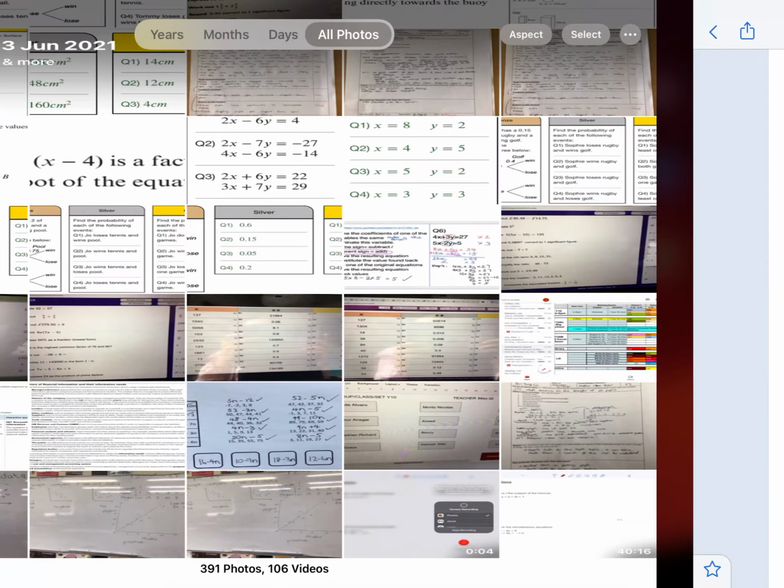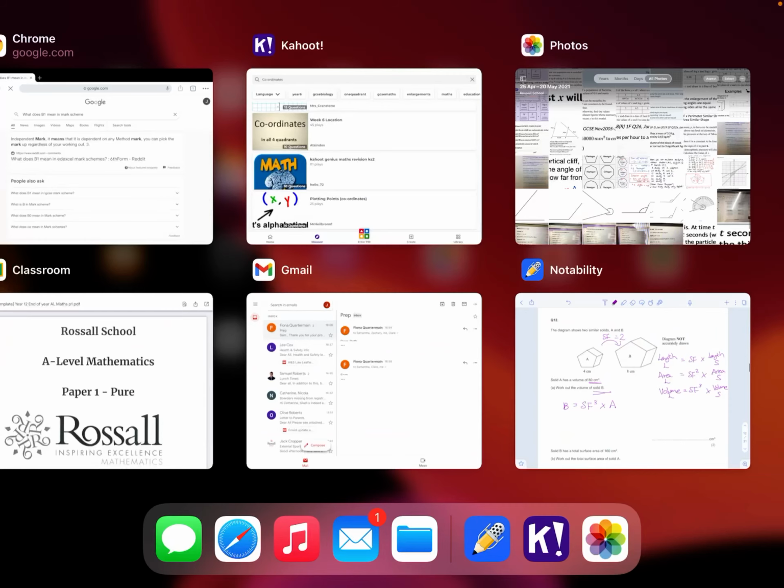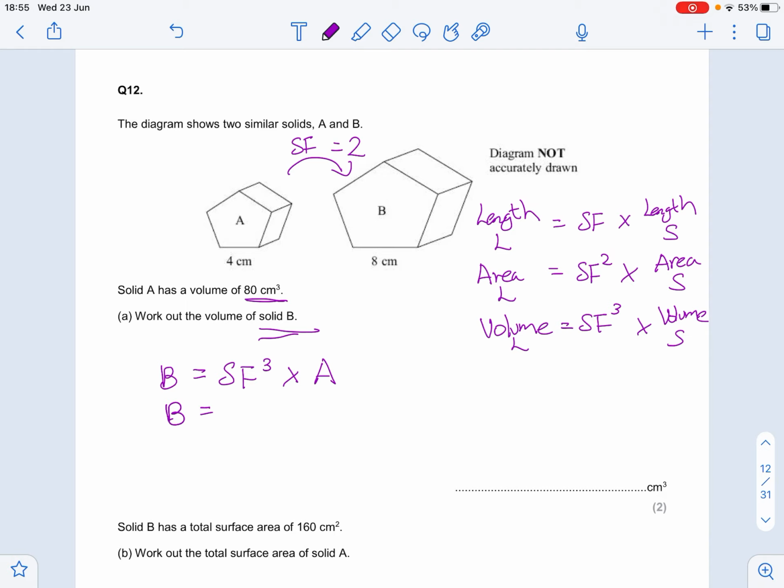We know that the scale factor is 2, so we have to cube our scale factor and multiply by the volume of A, which is 80. So your answer should be 2 cubed multiplied by 80, and that is 640.